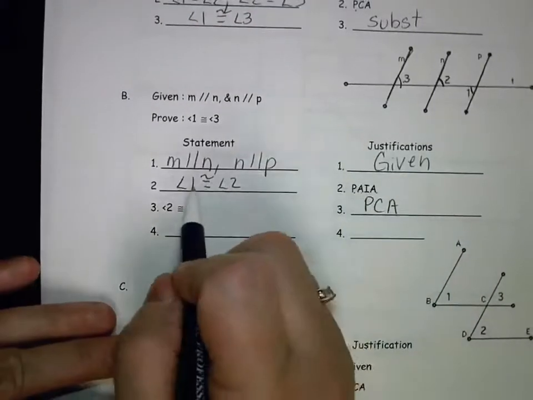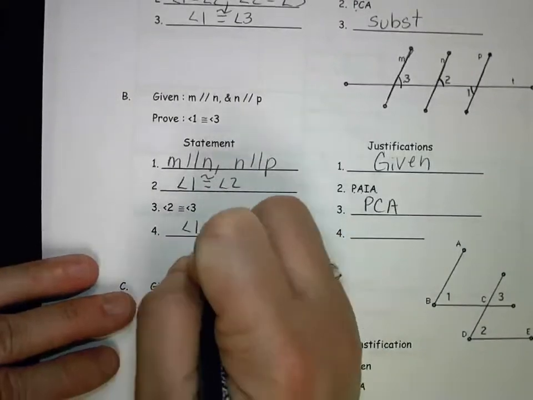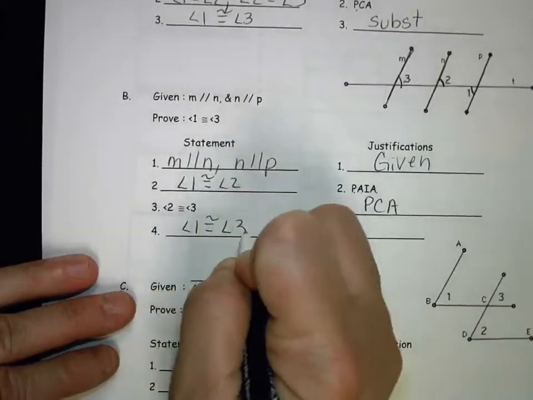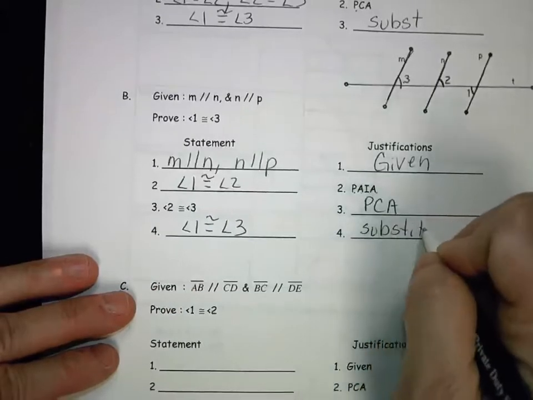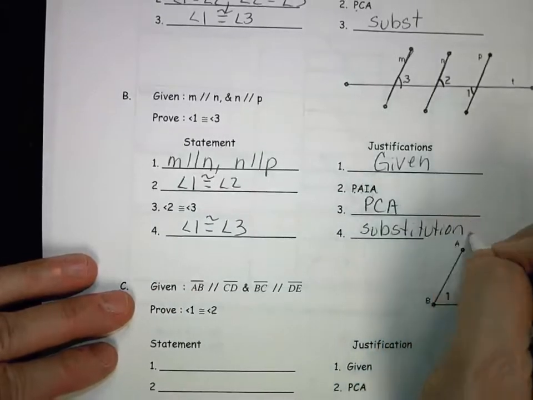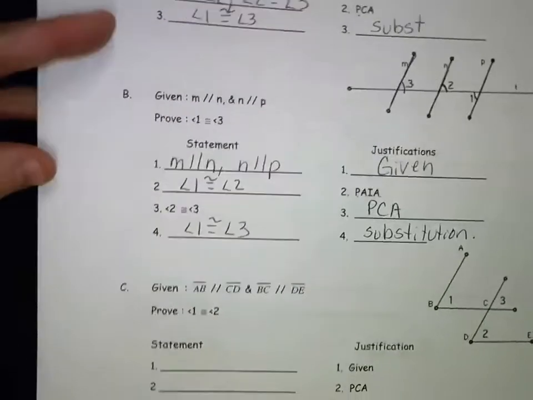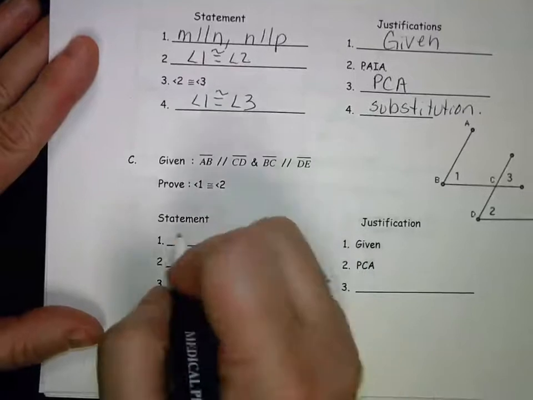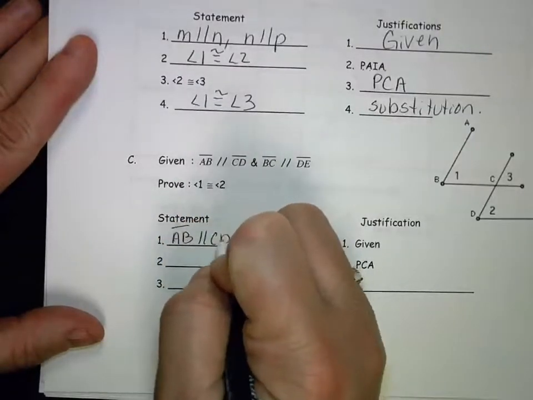And now, since we have 1 congruent to 2, 2 congruent to 3, we can say 1 is congruent to 3 by substitution. And you can abbreviate that if you want. And proof C, we have AB is parallel to CD.